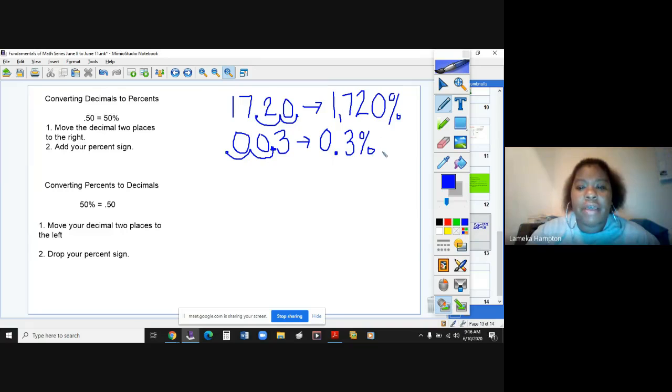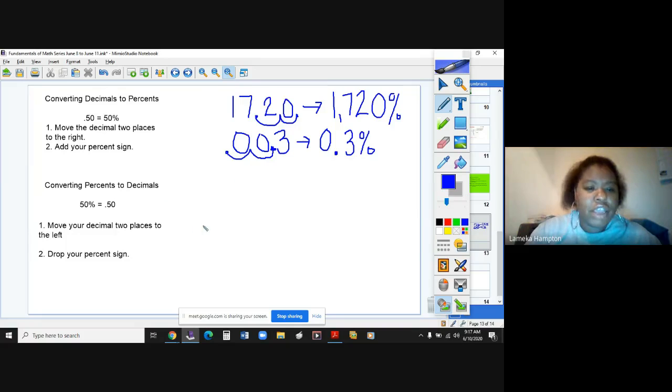But just know that without the first zero, it's still the same because the decimal is still in its rightful place, and the 3 is actually where it needs to be. So don't get caught up on, do I need my zero here or do I not need a zero? It's really just about your personal preference.